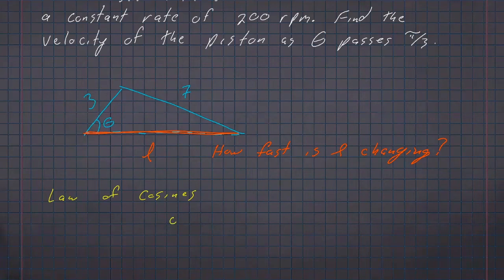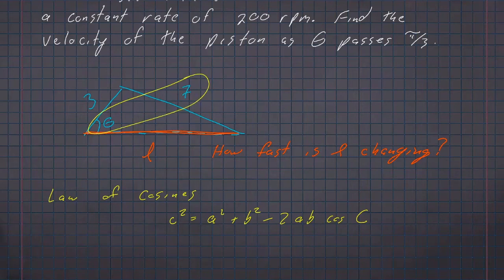Which tells us that little c squared is little a squared plus little b squared minus 2 times little a times little b times the cosine of capital C, where capital C is the measure of the angle opposite side little c. So the place where we have an angle and an opposite side has to be the thing we call C. The other 2 sides, we have a choice.